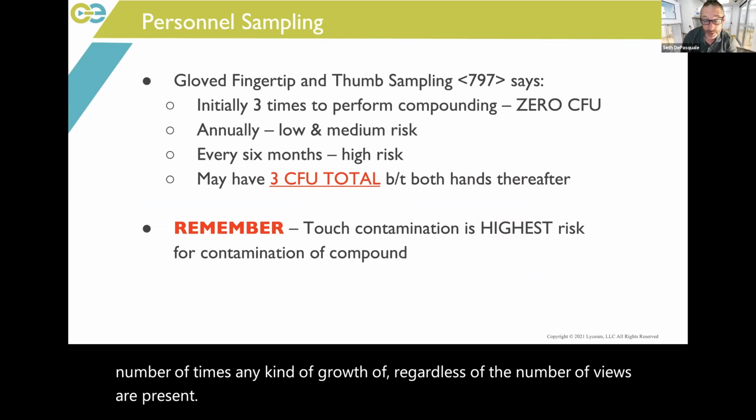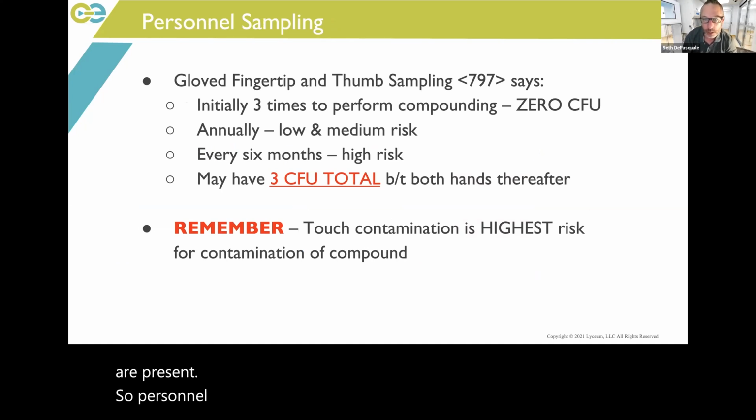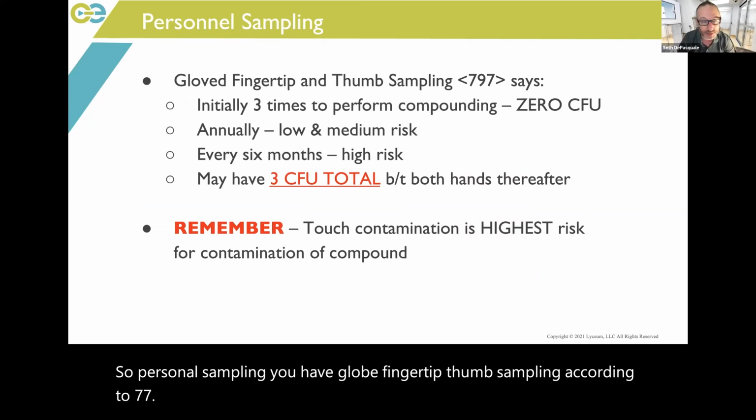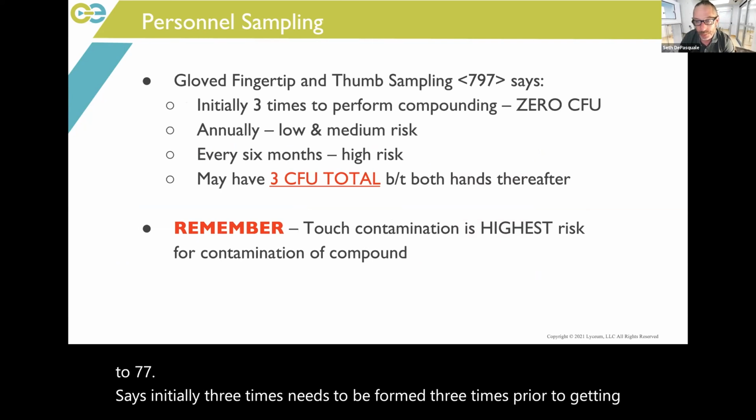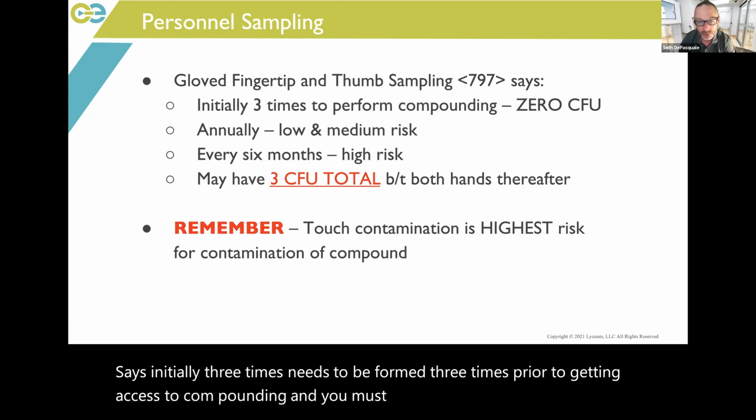So personnel sampling, you have glove fingertip thumb sampling according to 797. It says initially it needs to be performed 3 times prior to getting access to compounding, and you must have a 0 CFU result. And let's just address this real quick.